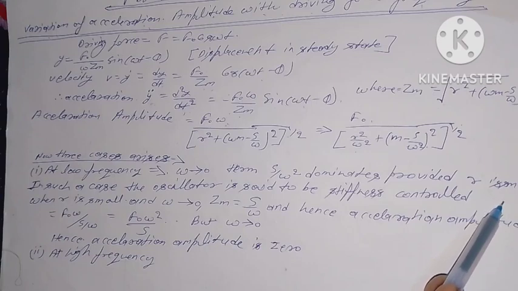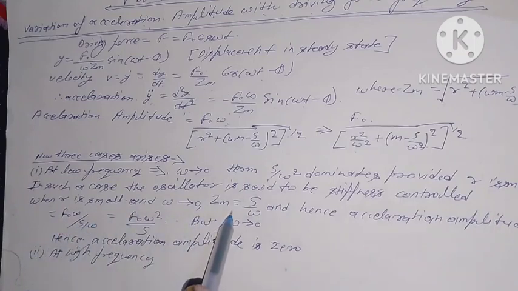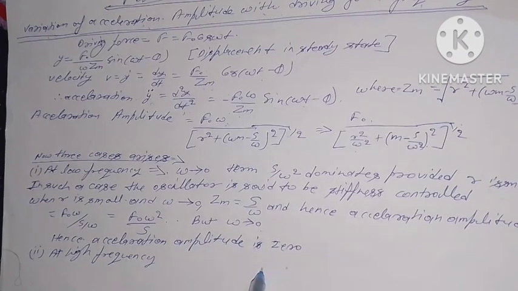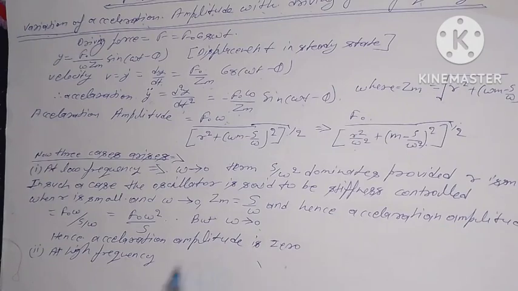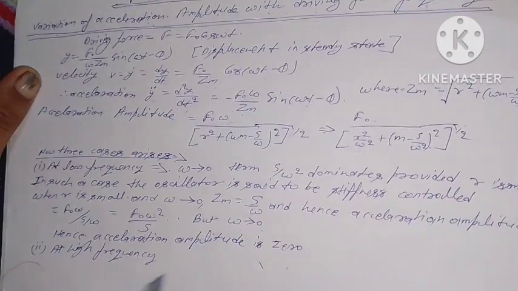When r is small and omega tends to 0, then Zm equal to s by omega, and acceleration amplitude is F naught omega by (s by omega), that is F naught omega square by s, but omega tends to 0, hence acceleration amplitude is 0.